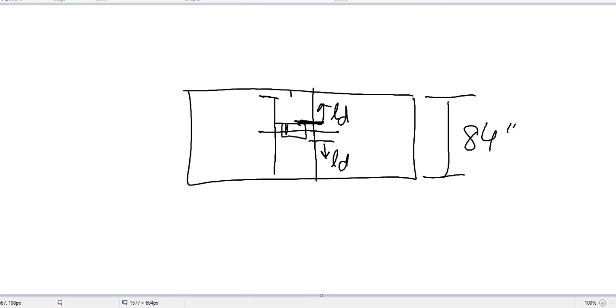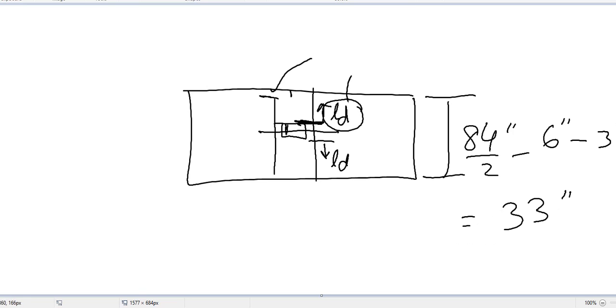I will leave some clear here. So 84 divided by 2, 42 inch, minus 6 inch, minus 3 inch. They have 33 inch, and they need LD 24 inch. So yes, they have space. They do not need to make any hook. Okay, so design is done.